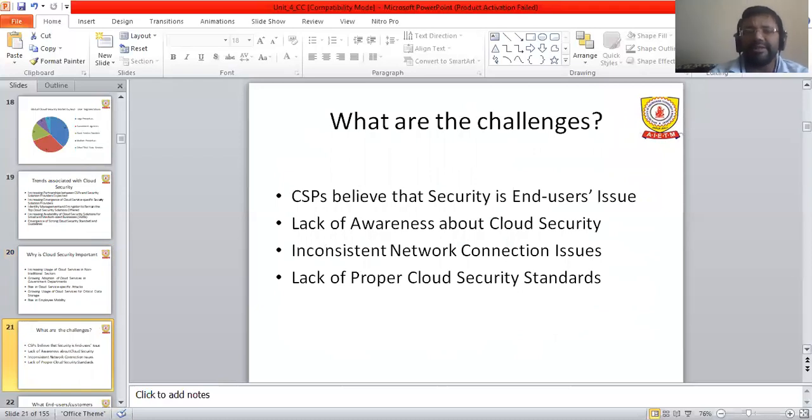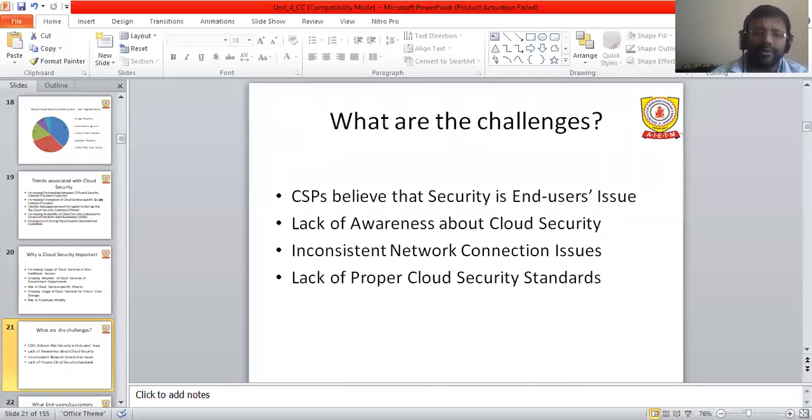What are the challenges? CSPs believe that security is an end user's issue, lack of awareness about cloud security, inconsistent network connection issues, and lack of proper cloud security standards. Whenever protocols, rules, and regulations are deployed in industries, either small or large scale, these are the challenges if it doesn't deploy successfully at that level.